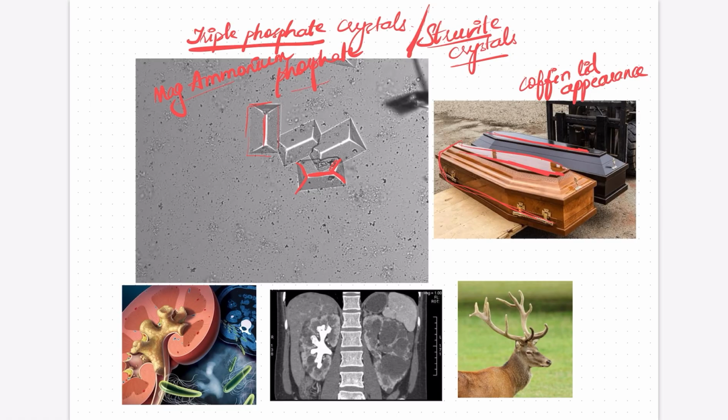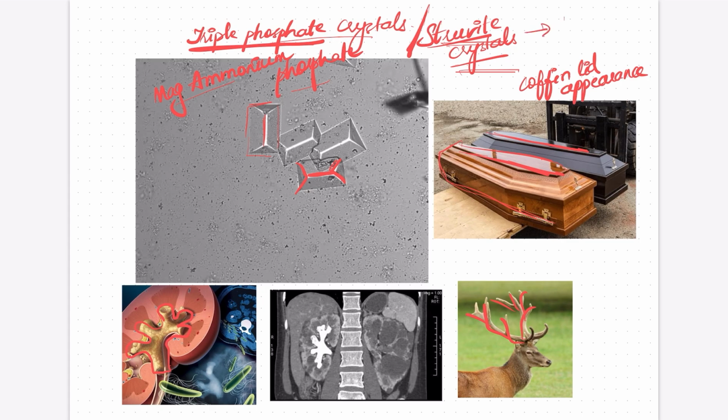They form triple phosphate crystals, also called struvite crystals. And struvite crystals are the most common cause of staghorn calculi. In the renal pelvis, it occupies the calyces and pelvis, and gives the appearance of branches of an antler horn. Hence, it is also called the staghorn calculus.